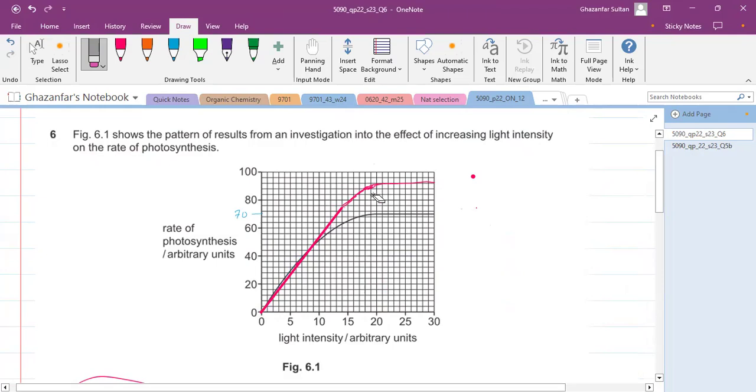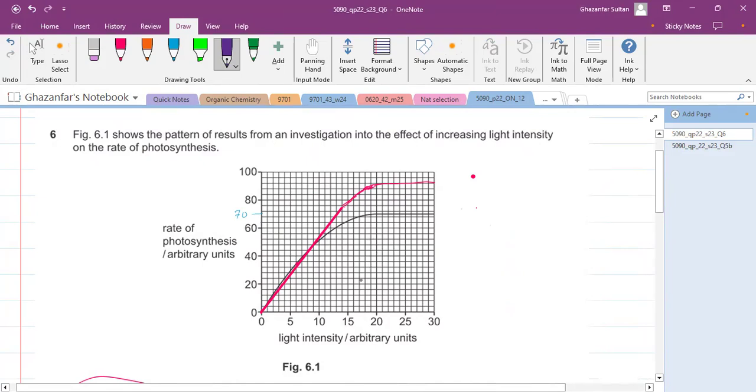Because the only difference is that the rate of photosynthesis remains higher because of increased carbon dioxide concentration. Okay, so what should you remember?